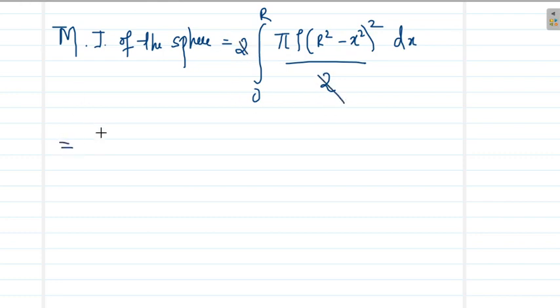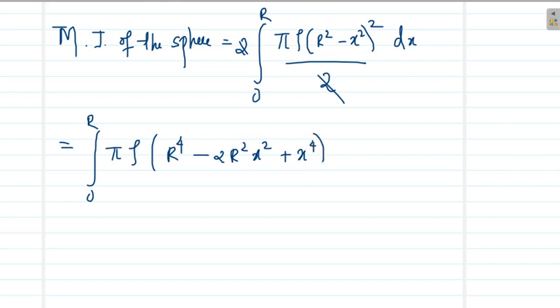Now this is equal to integral from 0 to r pi rho into r raised to 4 minus 2 r square x square plus x raised to 4 dx, where I have expanded this term (r square minus x square) the whole square. Now doing the integration part, this is equal to pi rho into r raised to 4 dx.